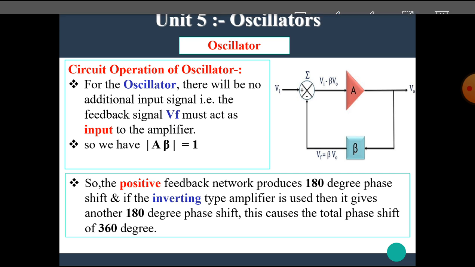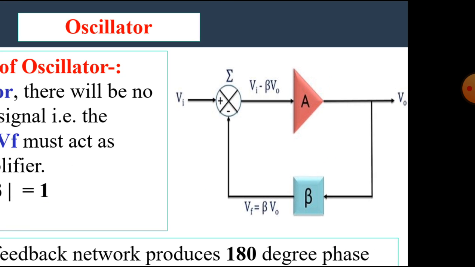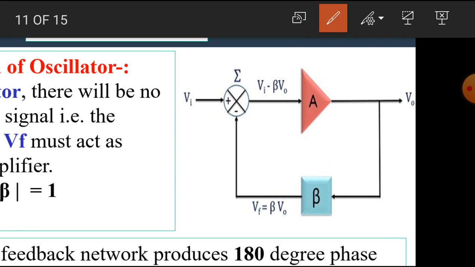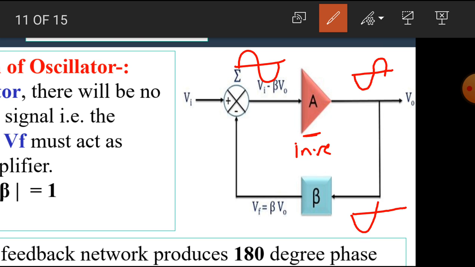Let's see once again on the diagram. If the amplifier used here is the inverting type, then for the input waveform like this, we get a 180 degree phase shift. This is applied as the input of the feedback network.